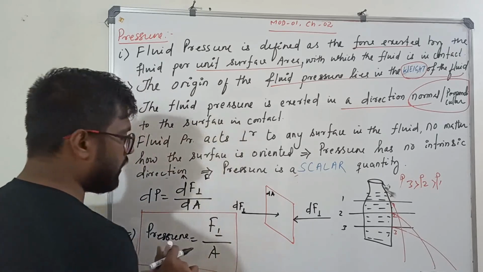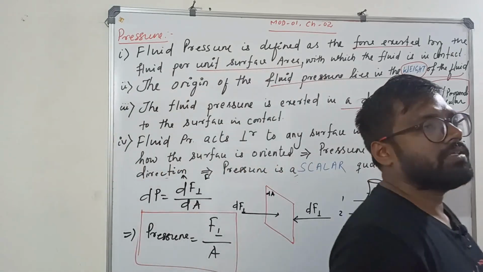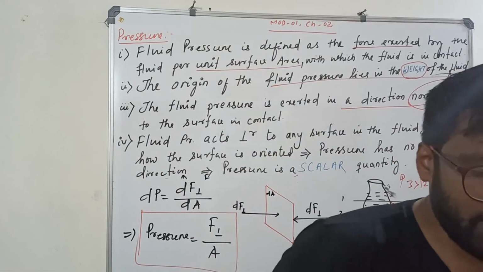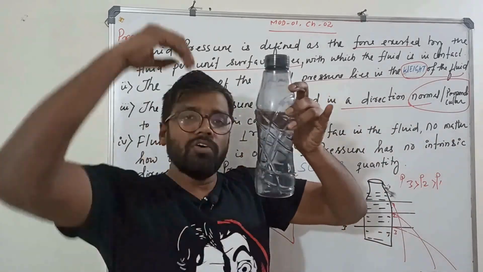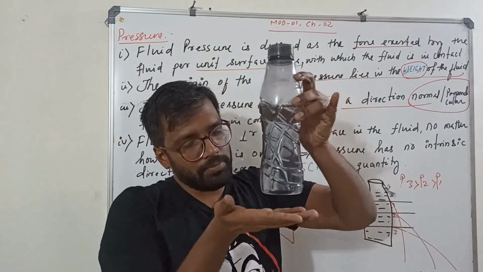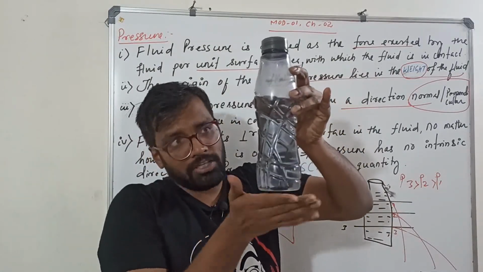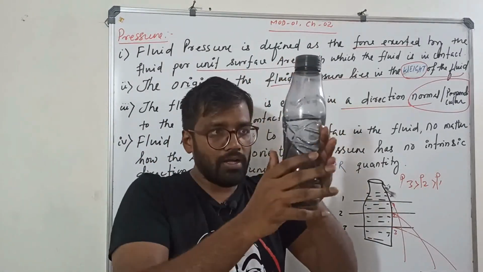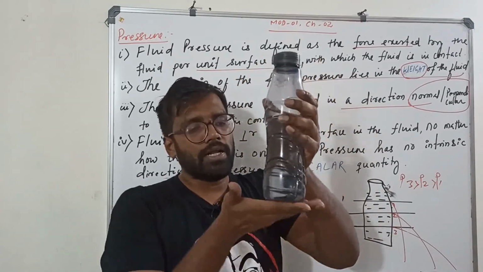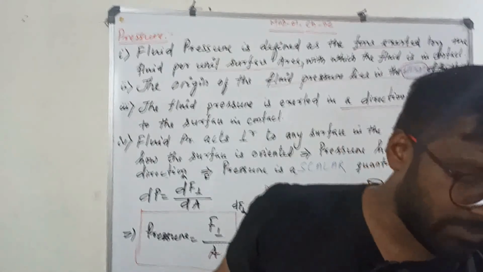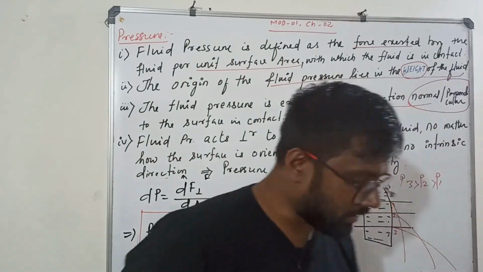Perpendicular force per unit area in contact. That means this liquid column will exert a perpendicular pressure on the bottom surface as well as on the walls of this container. This will exert a pressure.